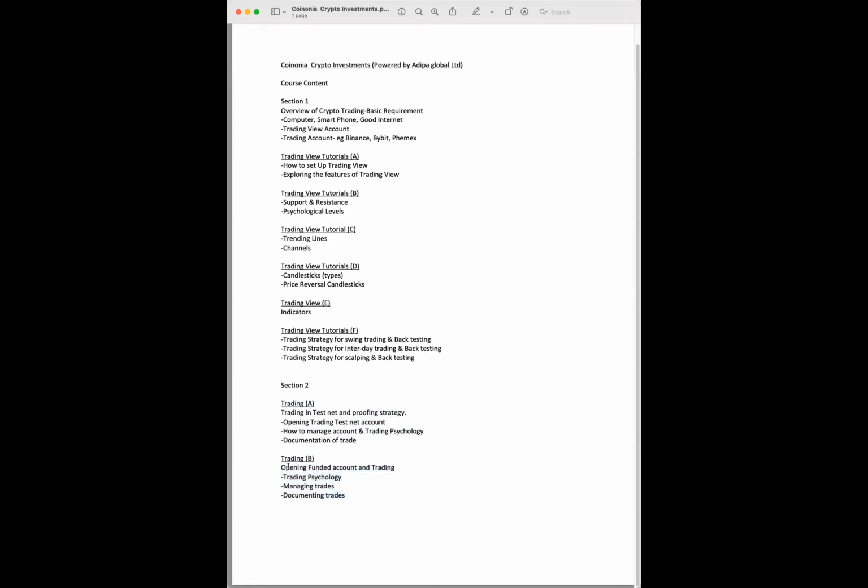Even then, you've done the process again and again in the testnet, such that when you're trading, it feels like you're still in the testnet. And because you've corrected all the mistakes that were holding you back while doing the testnet, now you can trade, and most likely you can be profitable.